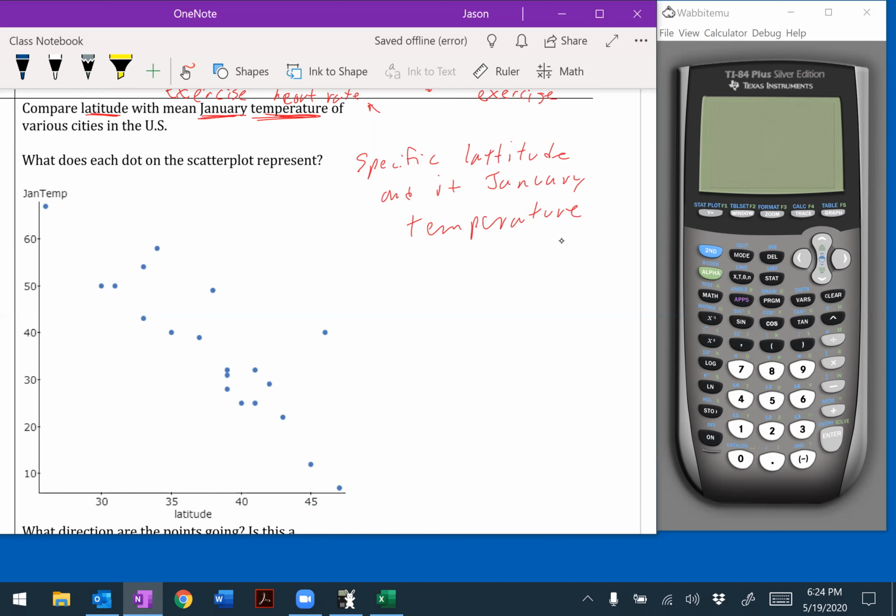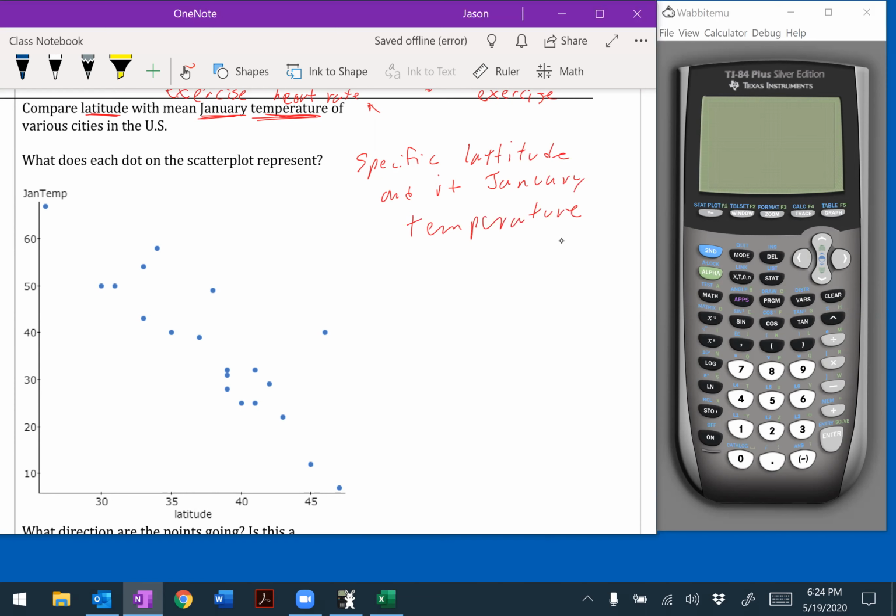Okay, so it's a specific latitude and its January temperature. So, okay, it seems that the higher I go up in latitude, the lower the temperature goes, right?